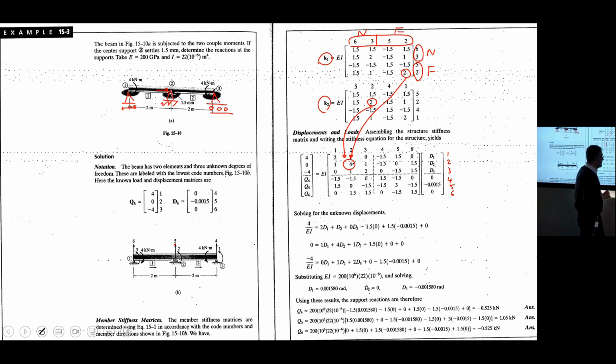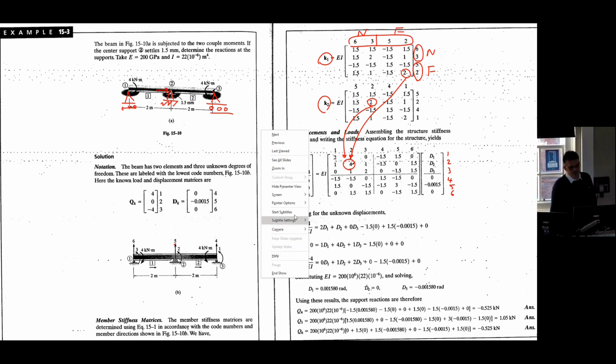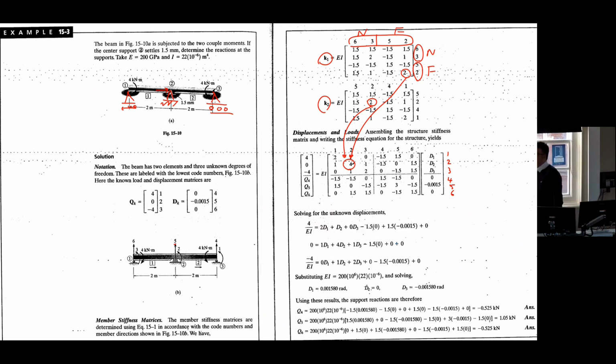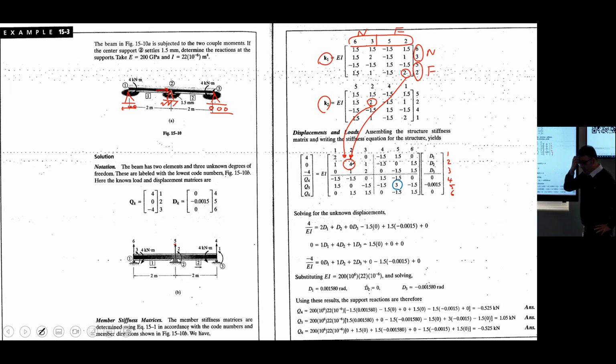What about this one? It's row 5, column 5.